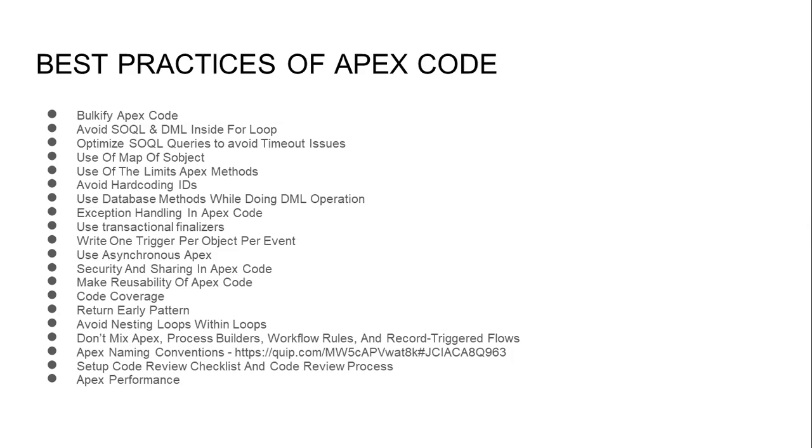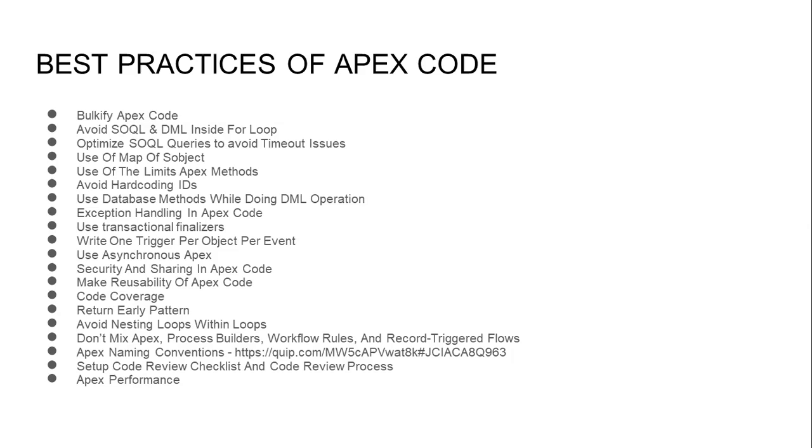Next is avoiding the hard-coding of IDs. Even today, when I review the code of the team that I handle, hard-coded IDs are there. The only reason they give is that they're utilizing Lightning email templates, and they say the developer name itself is dynamic in that regard. So what can we do?